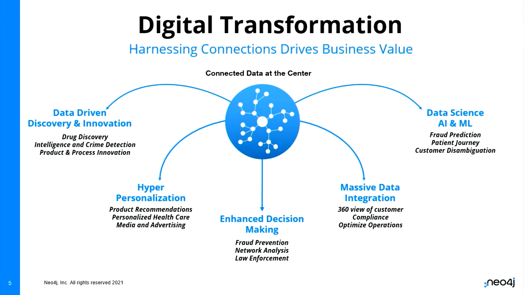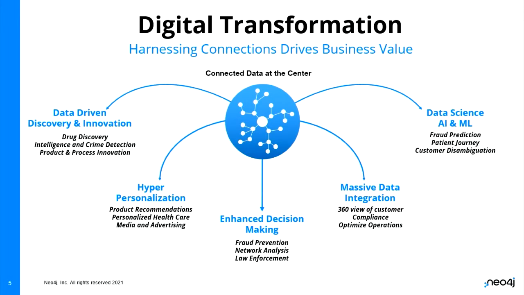So some of the use cases that we see in these organizations are data-driven discovery, such as drug discovery, crime detection, and product and process innovations. Then there's the personalization aspect, so finding those relationships and connections in the data allows you to address your end consumers or your business partners more effectively and efficiently, according to their needs.